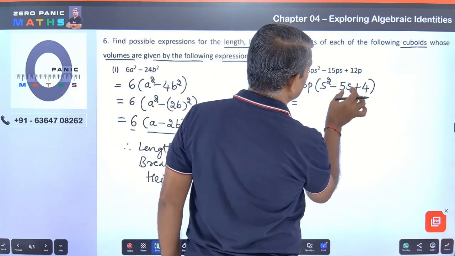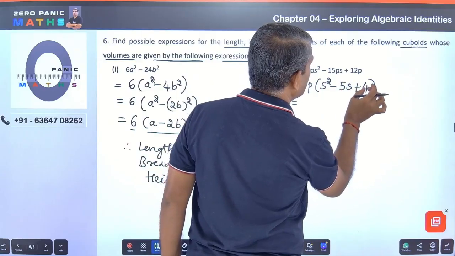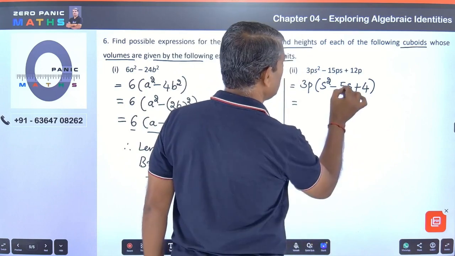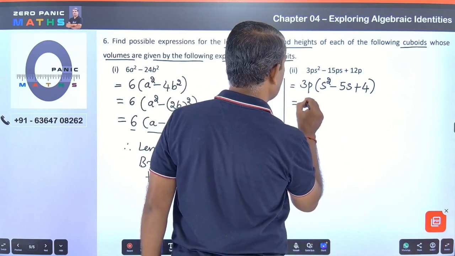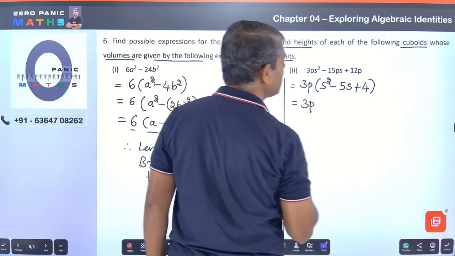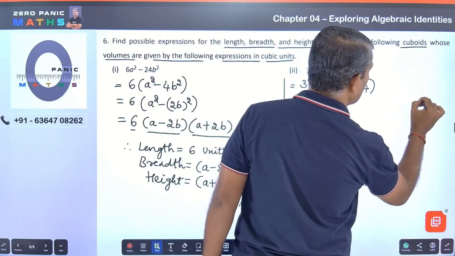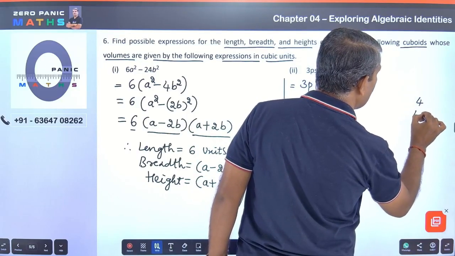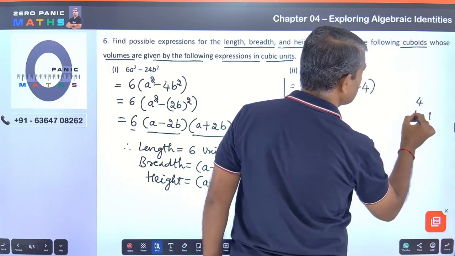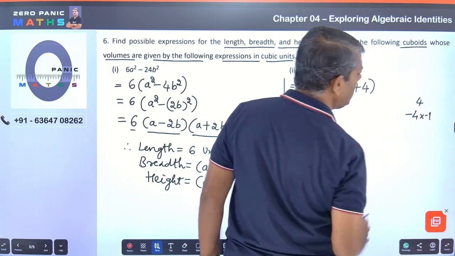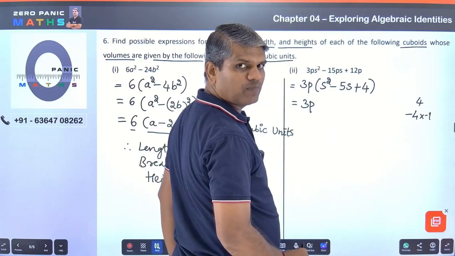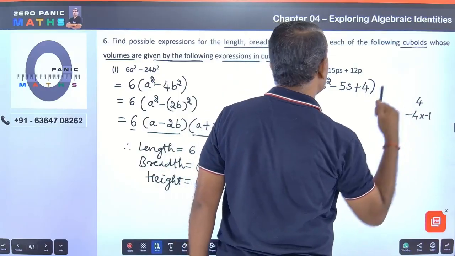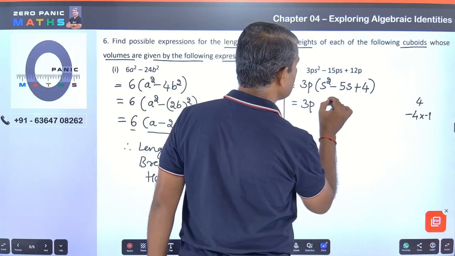Let us split the middle term so that we get 4 as the product, and the sum as minus 5. How do I do that? Let me write the product and their factors. I want the product to be 4 and the sum to be minus 5, so it will be minus 4 and minus 1. 4 into 1 is 4, and minus 4 minus 1 gives minus 5.